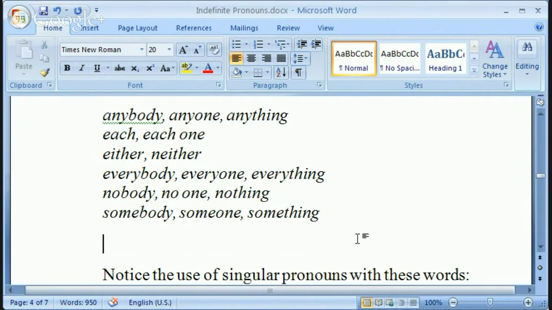Everybody is going to the fair. Like that. Let's make sure we can use them effectively as a subject noun. Sergio, care to give it a try? Just pick one of these singular indefinite pronouns and have a go. See if you can make a sentence using it as the subject, I guess.